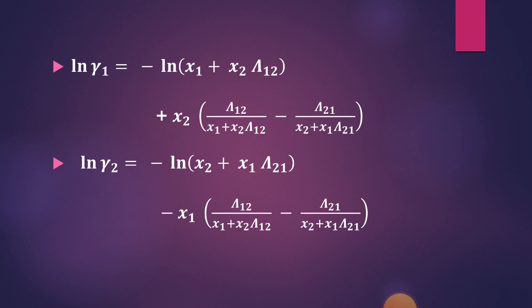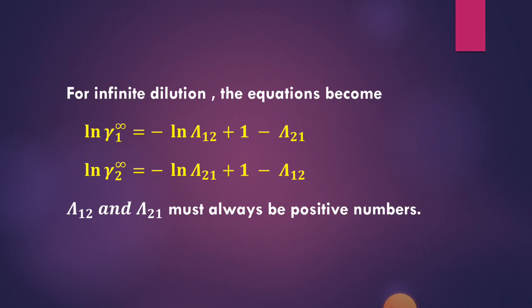Similarly, ln gamma 2 is minus ln of x2 plus x1 lambda 21, minus x1 into lambda 12 by x1 plus x2 lambda 12, minus lambda 21 by x2 plus x1 lambda 21. When you write these expressions for infinite dilution, ln gamma 1 at infinite dilution is equal to minus ln lambda 12 plus 1 minus lambda 21.